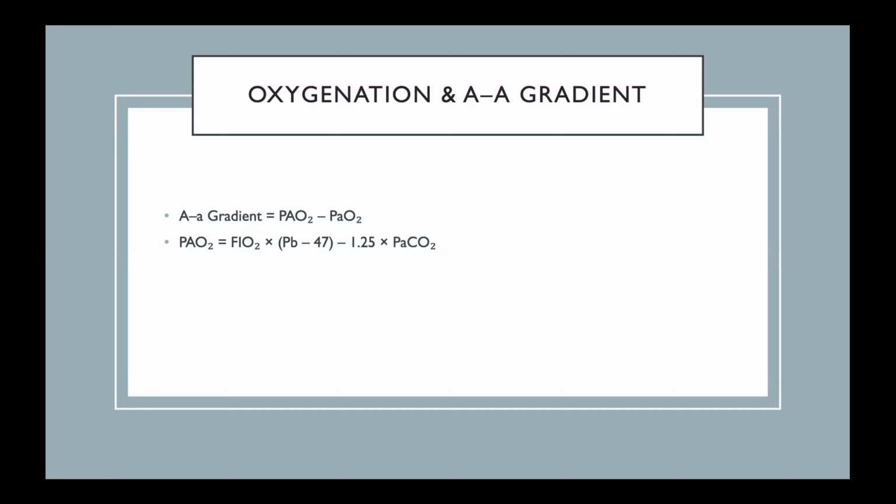When you do a blood gas, you have to enter the FiO2 in the blood gas machine. So FiO2 times barometric pressure minus water vapor pressure. From there, 1.25 times the carbon dioxide partial pressure is subtracted, then PAO2 will come. That means the alveolar pressure. Then you can calculate. So we will do some sums.